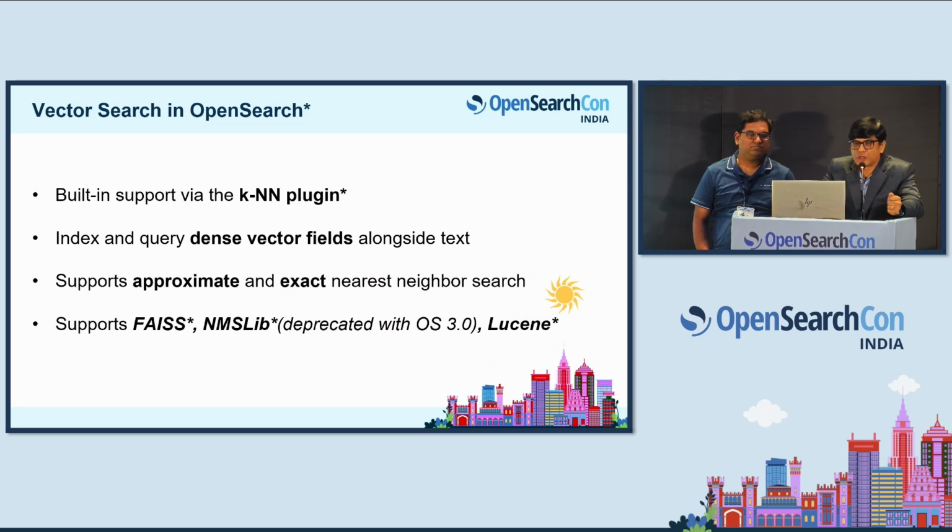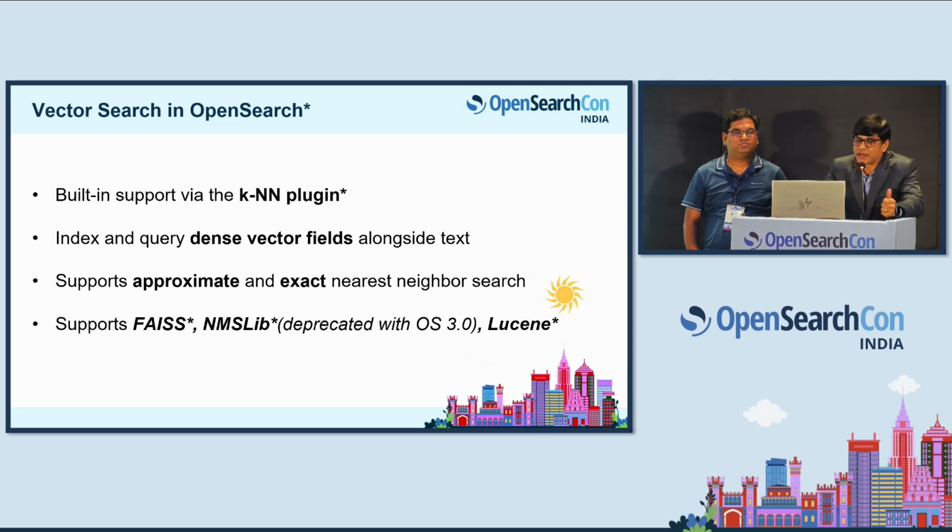OpenSearch integrates with Lucene. I'm not sure whether you are aware of it, but Lucene is, I would say, one of the top information retrieval libraries written in Java, with close to 25 plus years of existence in open source.